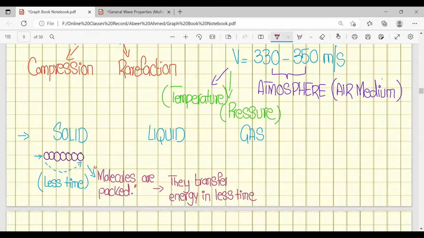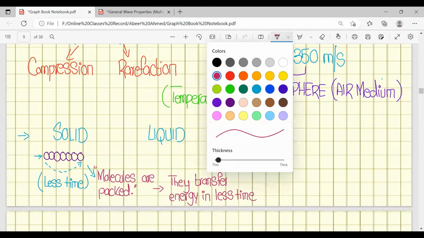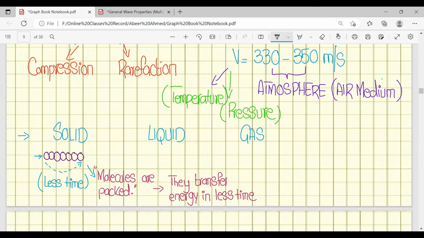Now discuss about the liquid. If we discuss about the liquid, what will be the speed of sound? Is it greater than solid or less than solid? Less than solid. Yes, less than solid, because in liquid particles are far away from each other as compared to the solid objects, right?